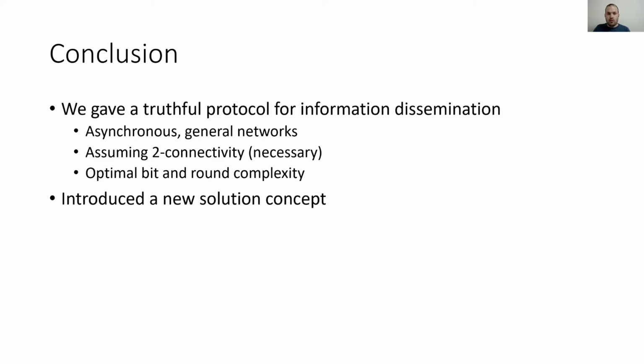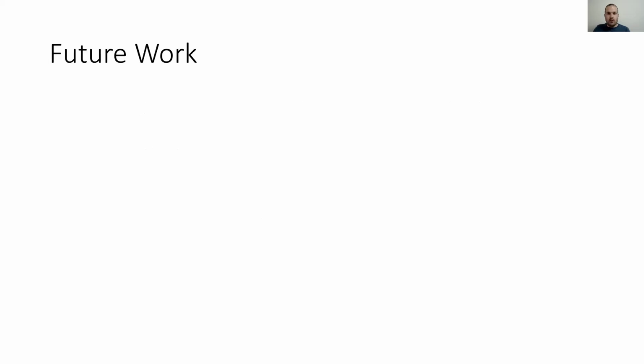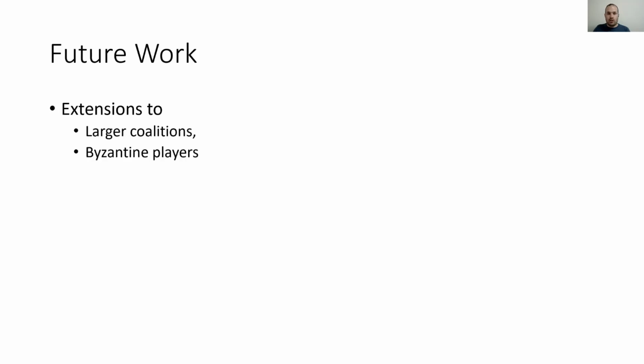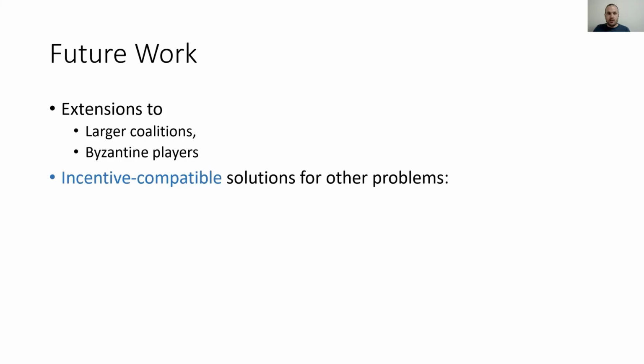We introduced a new solution concept, the full information communication equilibrium, and we showed that it is useful in many problems in distributed computing. Future work that can be done in this area is to extend this work to coalitions and Byzantine players, and maybe to find new problems that can be compatible with the idea of full information communication equilibrium. That's it. Thank you very much.